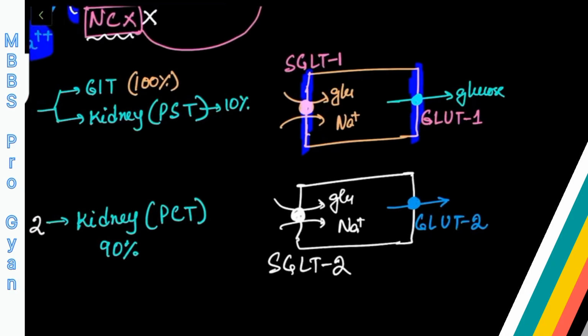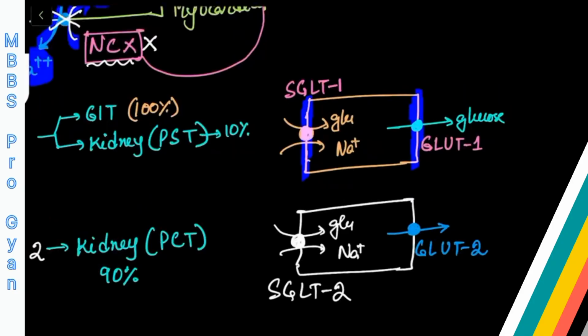This is true for the intestinal epithelial cell as well as the kidney cell. If it is SGLT1, then the corresponding GLUT1 will be there. And if it is SGLT2, then the corresponding GLUT2 will be present. But GLUT2 is not present in the intestine. The intestine contains only SGLT1.